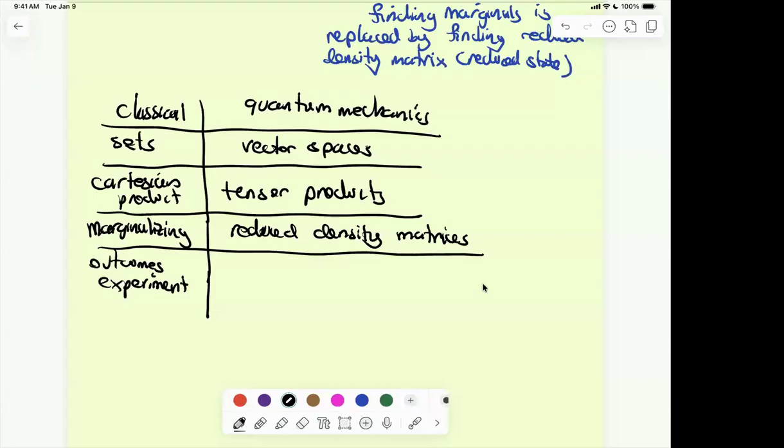In that case, the outcomes of the experiment are described by symmetric matrices, which are called observables. And that's what I'm going to explain first.